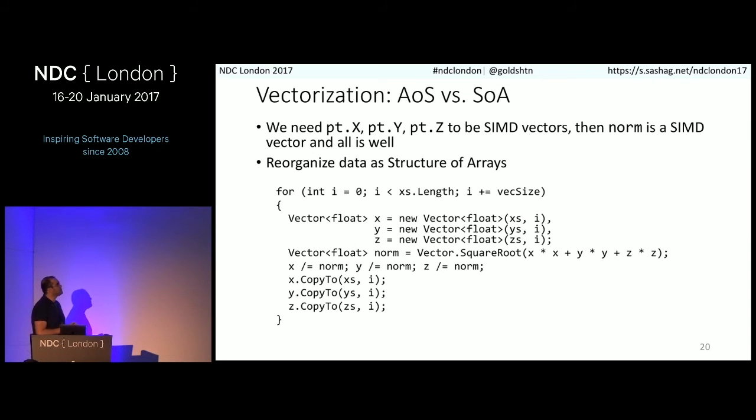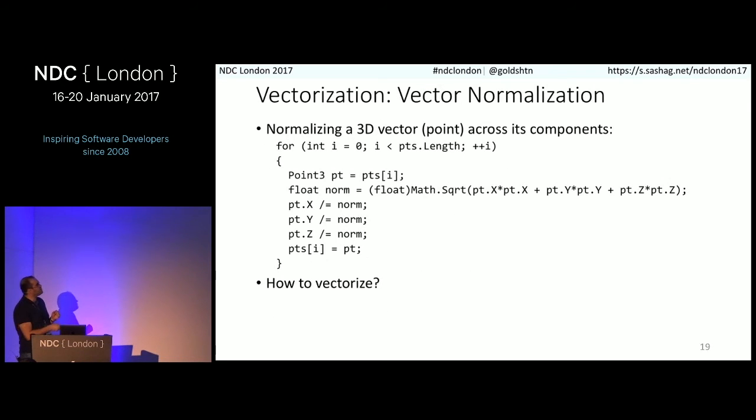All right, so here's the vectorized version. And this one actually takes a little work because the way the data is represented here is essentially tuples of x, y, and z. But the operations I want to vectorize are going to go over all the x's and all the y's and all the z's.